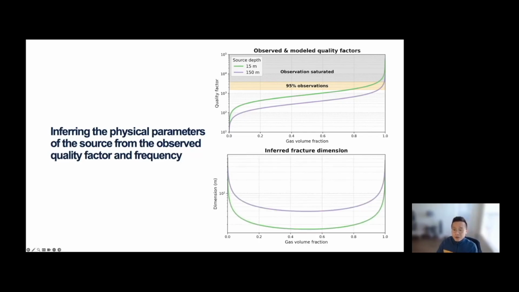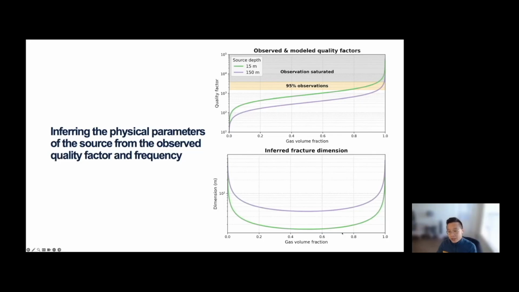And then we use the frequency of our observed tremor to infer the dimension of this fracture. The frequency of the tremor depends on the dimension of the fracture and the impedance contrast across the fracture wall, which in turn depends on the gas volume fraction.